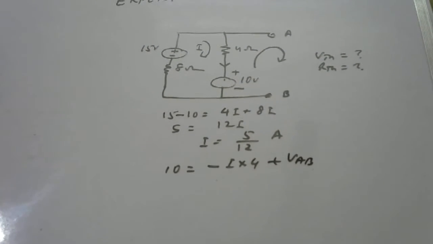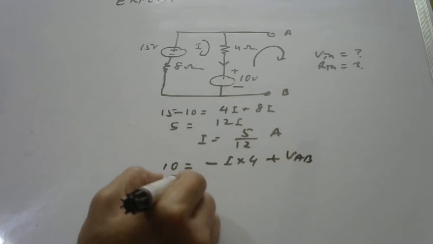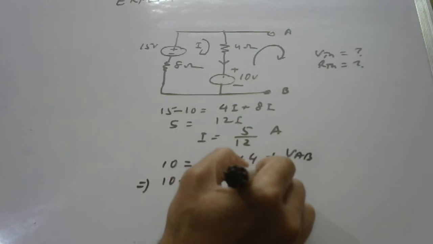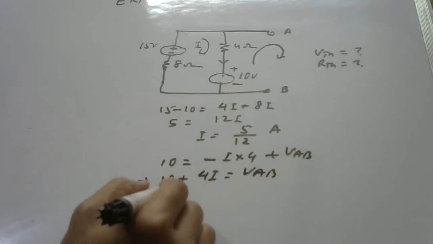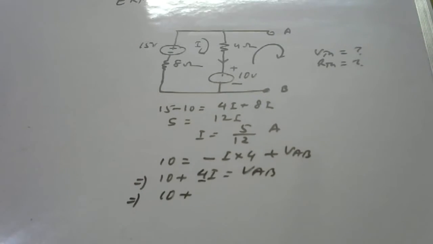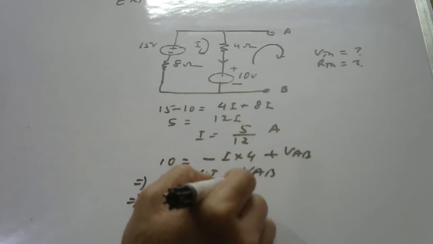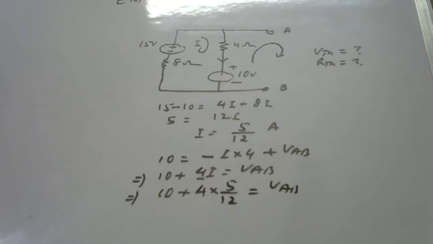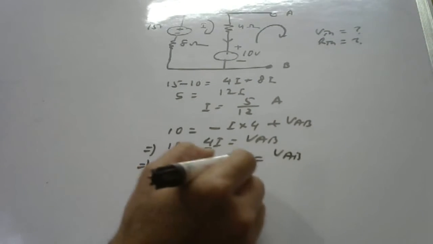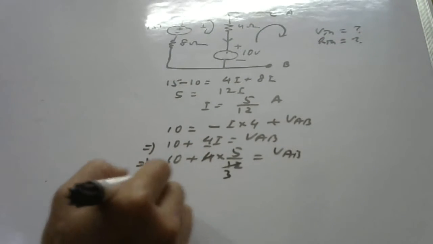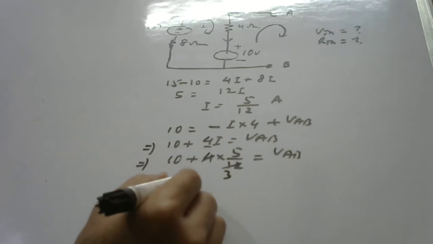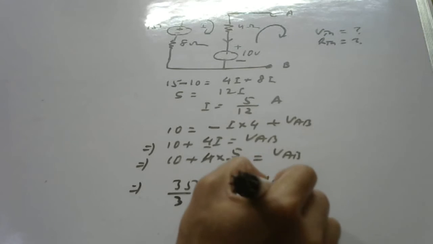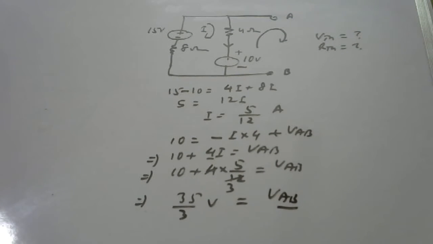Now 10 plus 4I equal to VAB. We substitute the value of I, 4 into 5 by 12 is equal to VAB. So 30 plus 5, 35 divided by 3 volt is the VAB. Value of VAB we got.